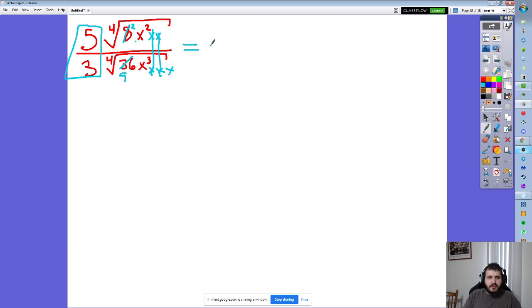So look at what's left over once we've simplified our big old fraction. We got 2 left from the number on top, and on bottom we've got 9x.